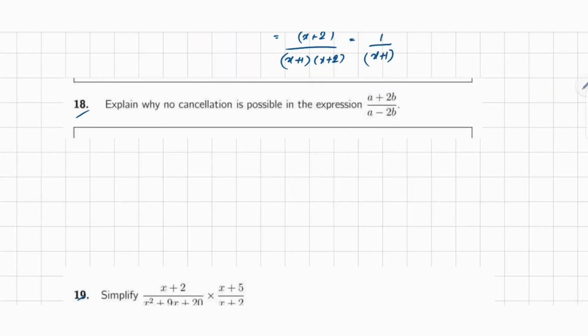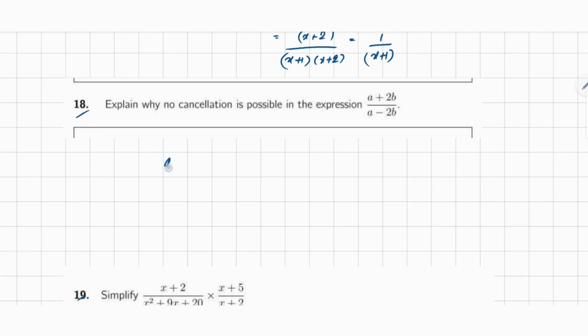The question number 18, we have to explain why no cancellation is possible in the expression a plus 2b over a minus 2b. Over here, we can only cancel entire factors and not individual terms that are a part of a sum or a difference.